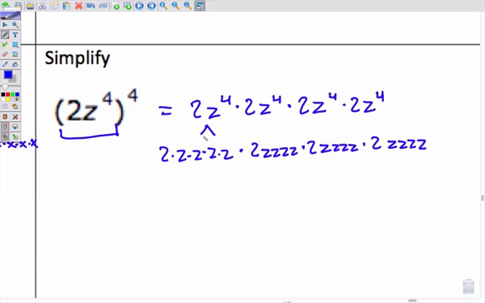And here's my 2z to the 4th right here, and then another 2z to the 4th, and then another 2z to the 4th, and then the last 2z to the 4th.